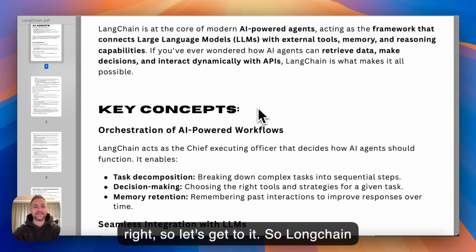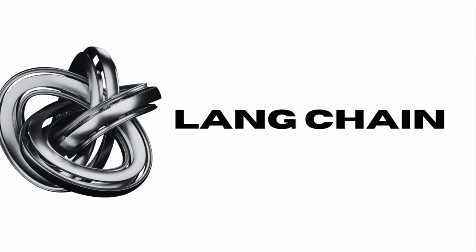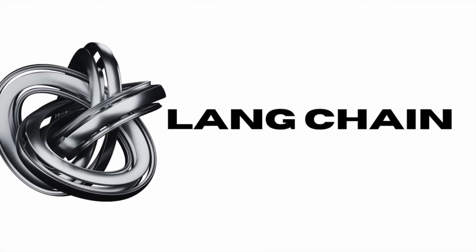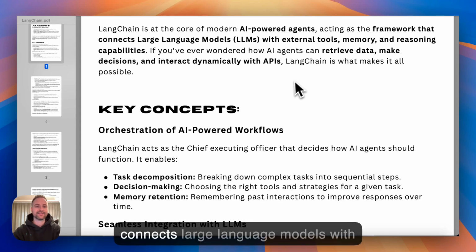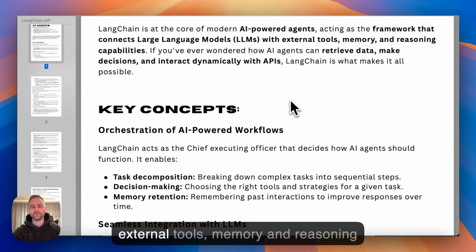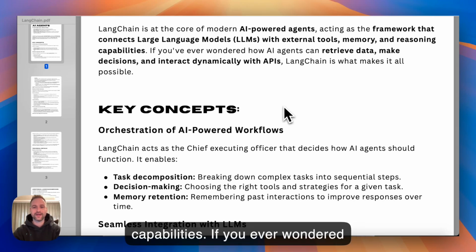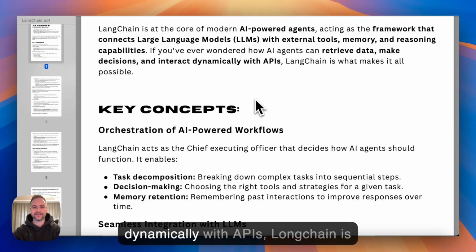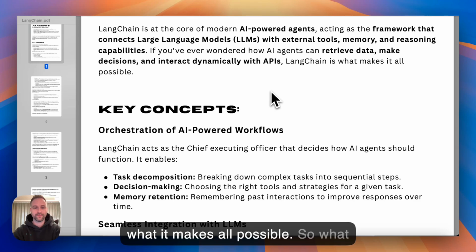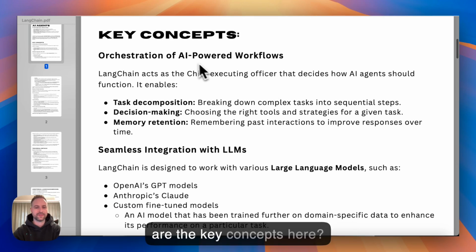So LangChain is at the core of modern AI-powered agents, acting as a framework that connects large language models with external tools, memory, and reasoning capabilities. If you ever wondered how AI agents can retrieve data, make decisions, and interact dynamically with APIs, LangChain is what makes it all possible. So what are the key concepts here?